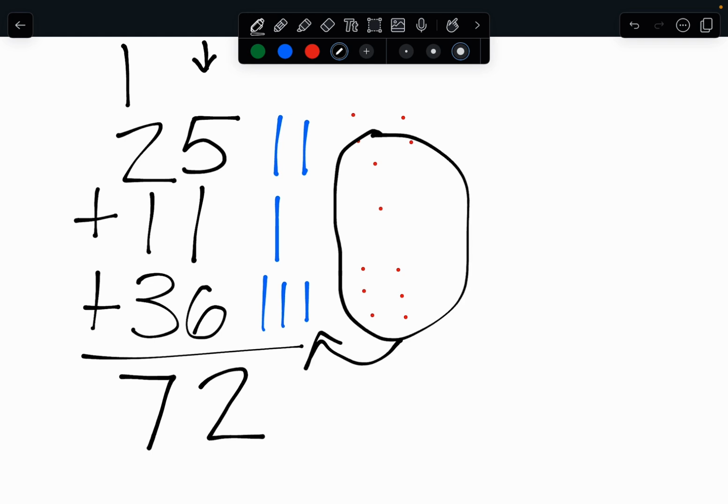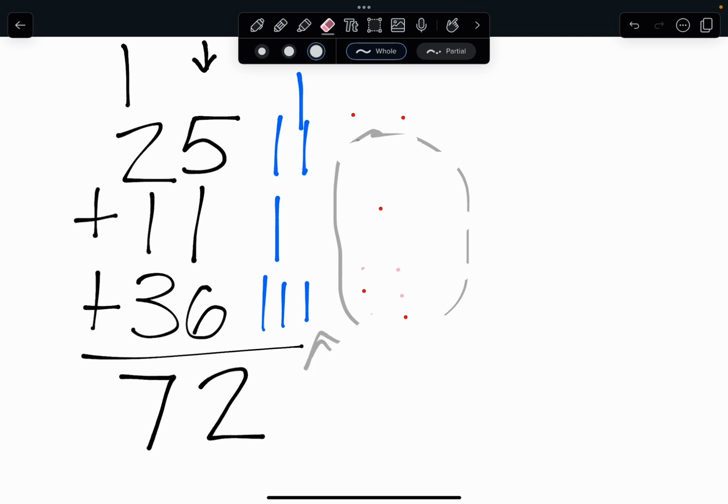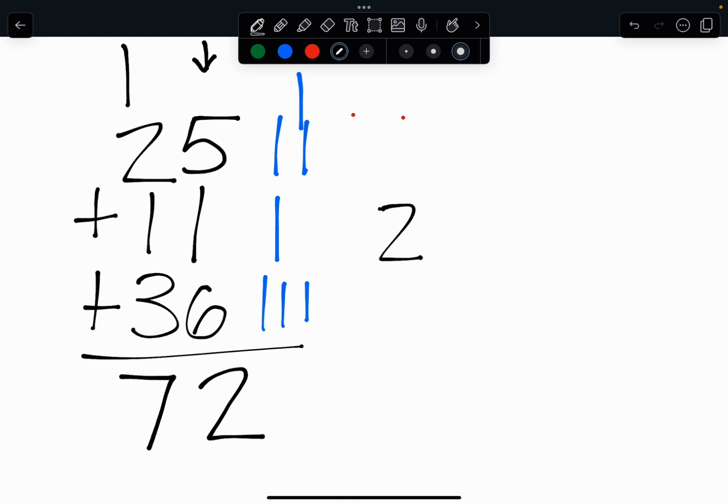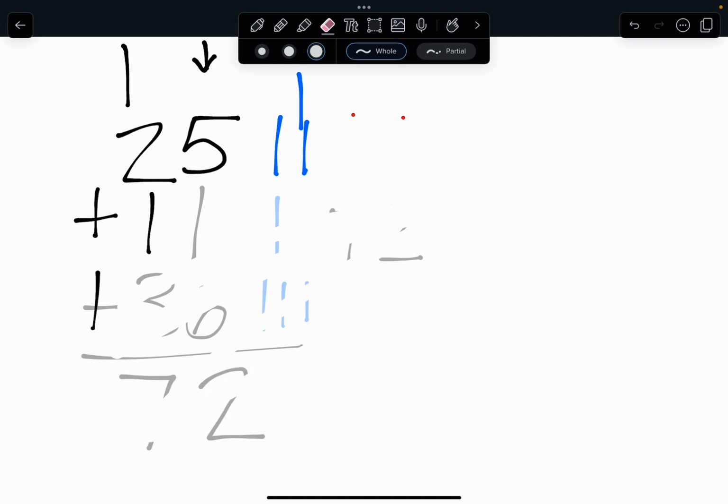Move them over here, and make a 10. Then I'm going to erase these because we know that I use them to turn them into a 10. 2 in my ones place, and I'm going to count 1, 2, 3, 4, 5, 6, 7 in my 10s. Either way, draw a picture, or if you know how to add it up like that, that's fine as well.